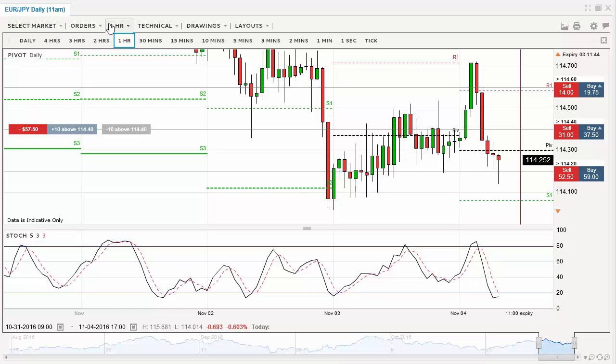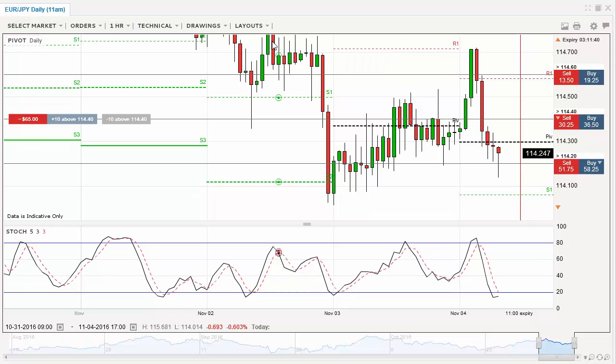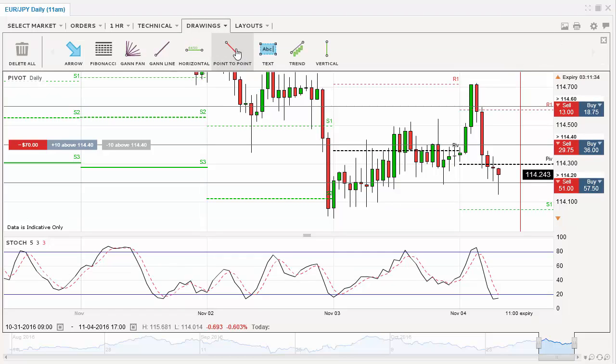Okay, I switched this over to a 1 hour chart, because that's what the signal is generated off of, and I want you to see what I'm seeing. You're seeing the same type of divergence right now between here and here. If you connect the stochastics on the bottom, this has made a lower low over here.